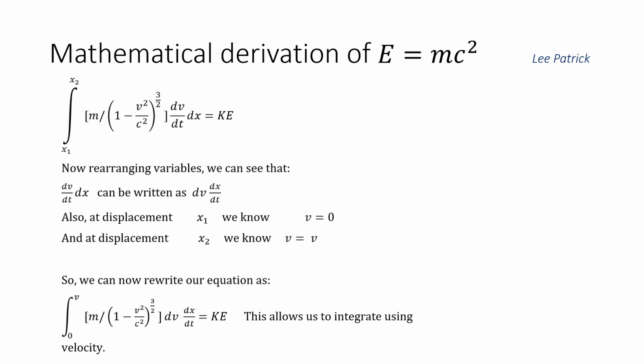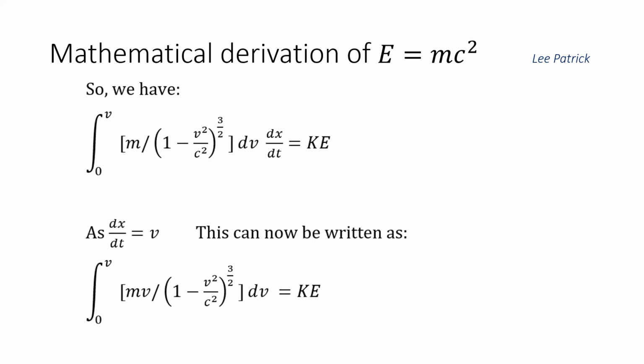This allows us to integrate using velocity. So we have the given expression. As dx by dt equals velocity, this can now be written as the integral from 0 to v of mv over (1 minus v squared over c squared) to the power 3 over 2, with respect to velocity, equals kinetic energy.